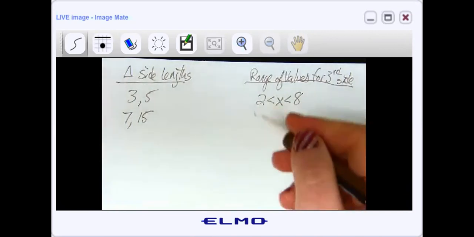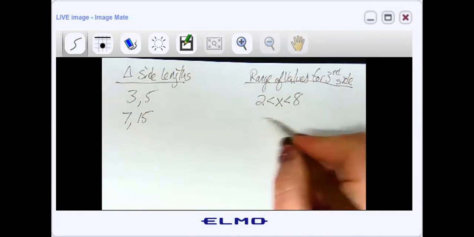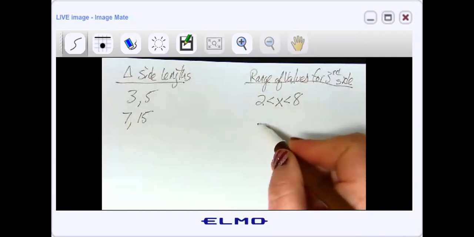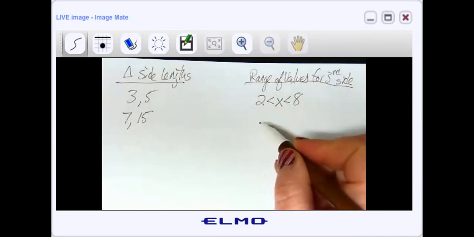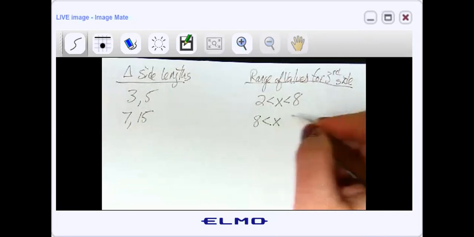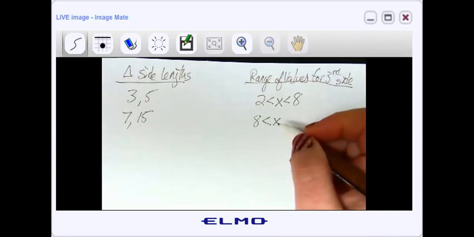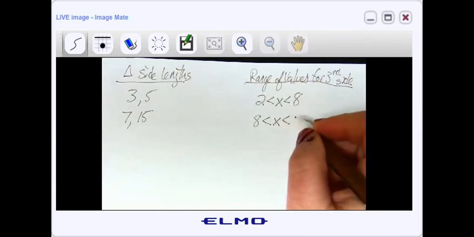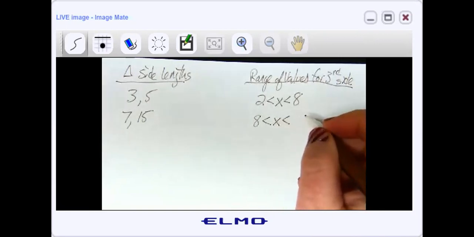7 and 15. So the range of possible values, the first number, I'm just going to take the difference between the two. So the difference between 7 and 15 is what? 8? So the third side would have to be something bigger than 8. However, I can't go too big. It would have to be less than what? 22.